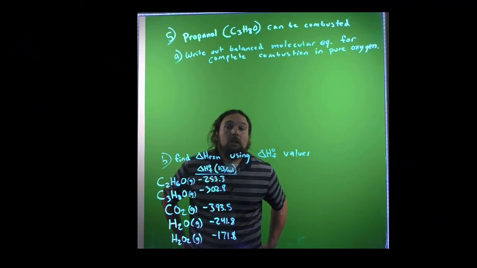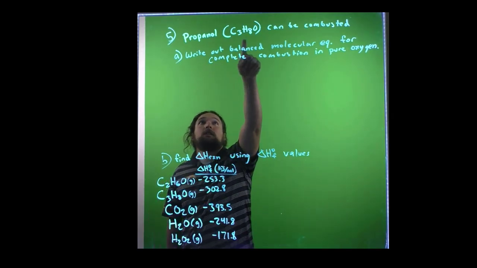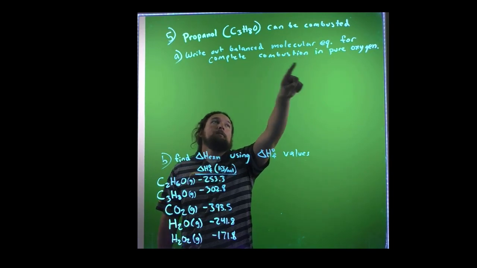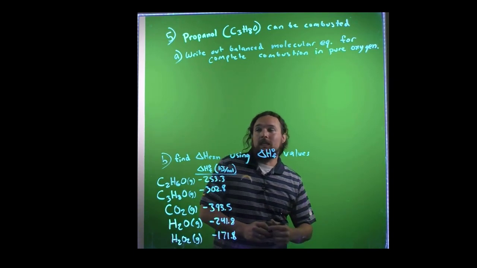Okay, looking at number 5, we can see that the question asks: propanol, C3H8O, can be combusted. Write out the balanced molecular equation for the complete combustion in pure oxygen with all reactants being in the gas form.